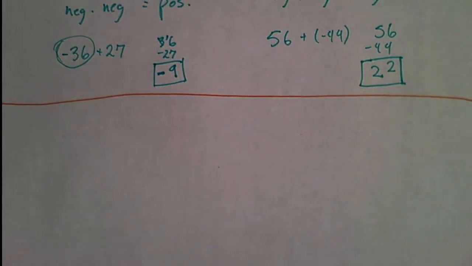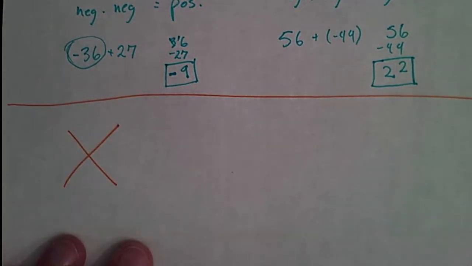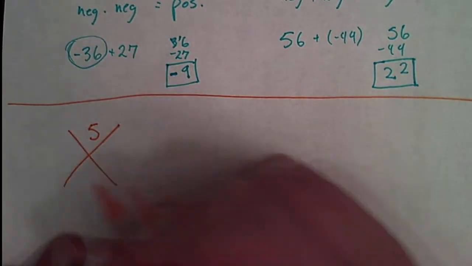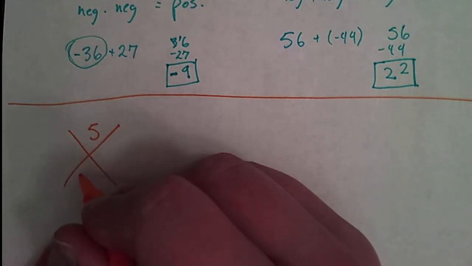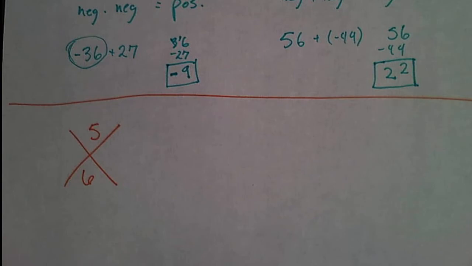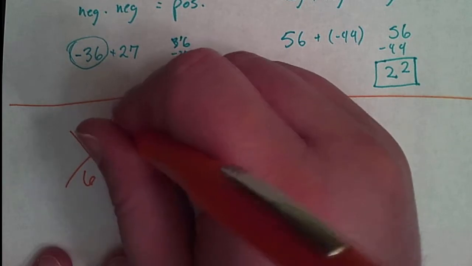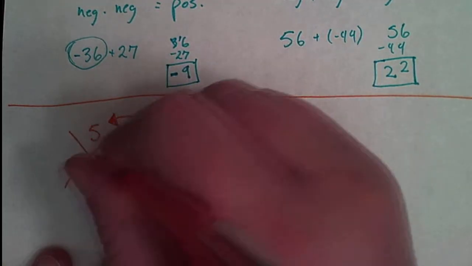So when we're setting this up, what you're going to see is an X, and a number up here, and then another number down here. Now, what we know here is this up here is going to be the sum, and then we're going to have two other numbers.